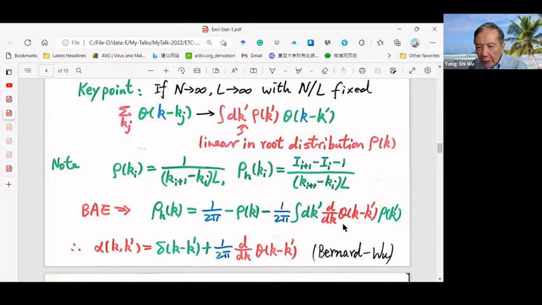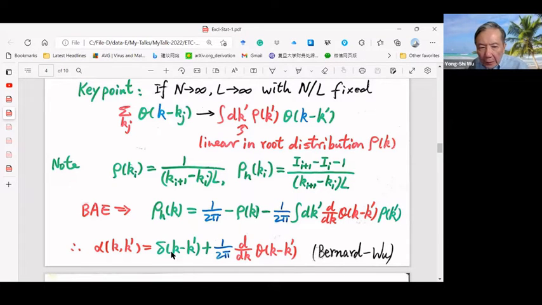However, the last term is an integral over k prime, and we have the derivative of theta of k minus k prime, the phase shift.